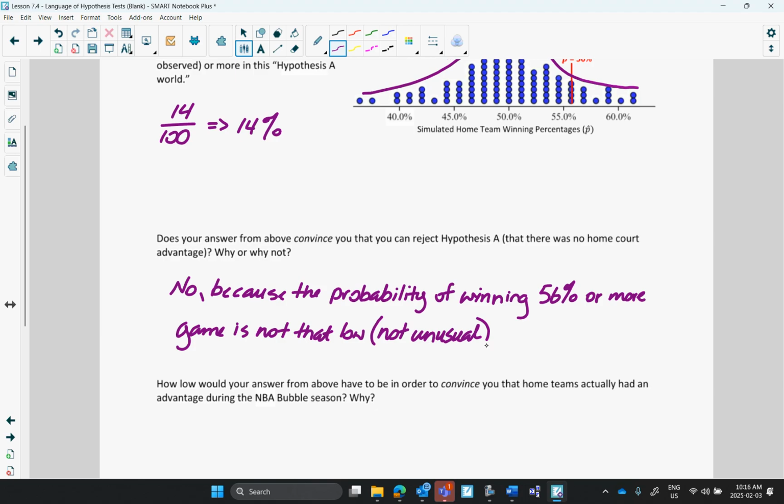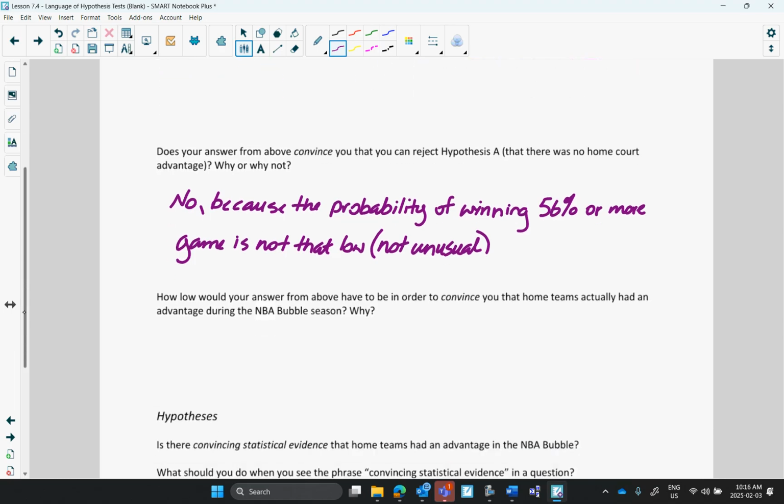And how low would your answer have to be in order to convince you? Well, we talked about this before, not 10%. What was the confidence interval we were normally calculating at? 5, right? Okay, so it's actually 5% is a good guideline. It doesn't have to be, it can be 10%.